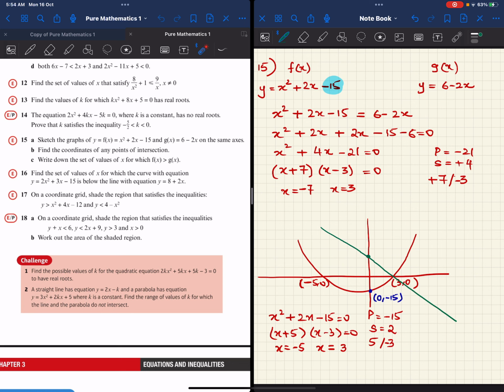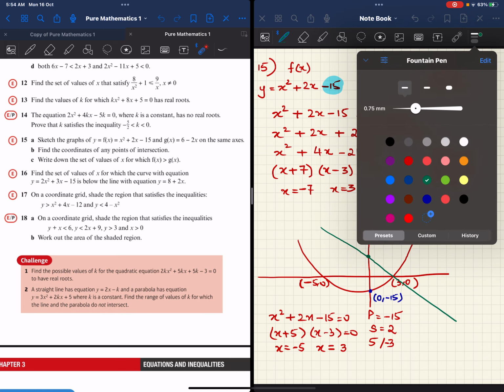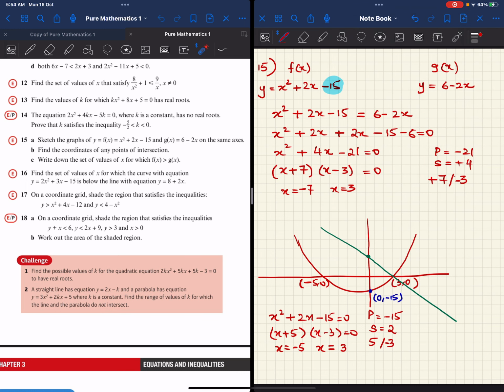Now I need to extend the graph because it also intersects here. So now the graphs intersect at 2 points, which we can clearly see are this point, say for example A, and this point B.